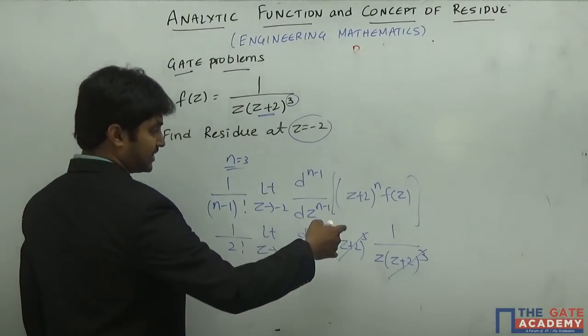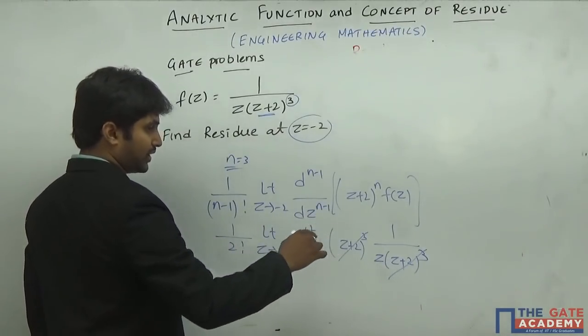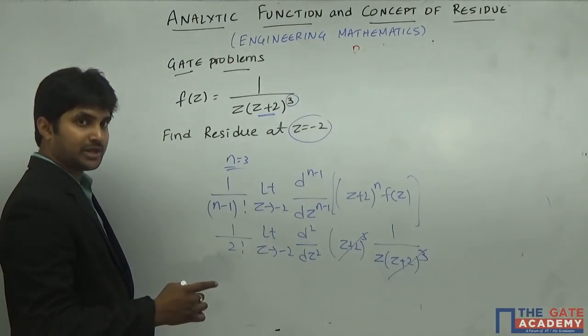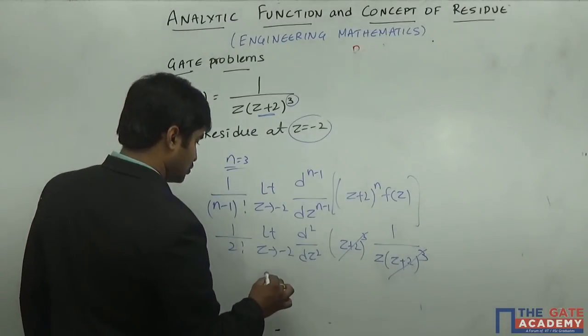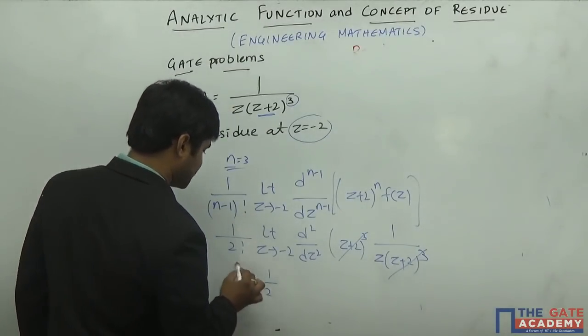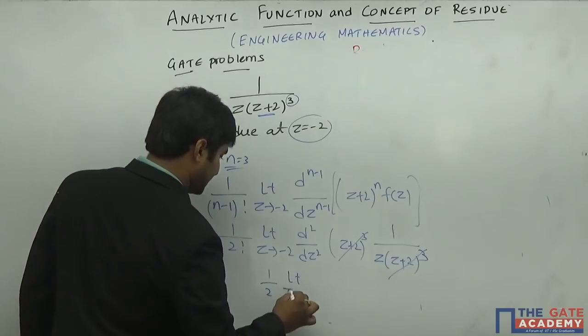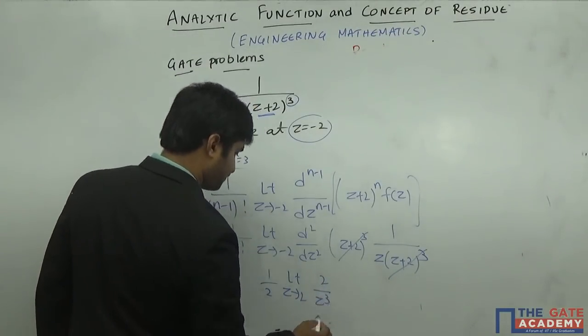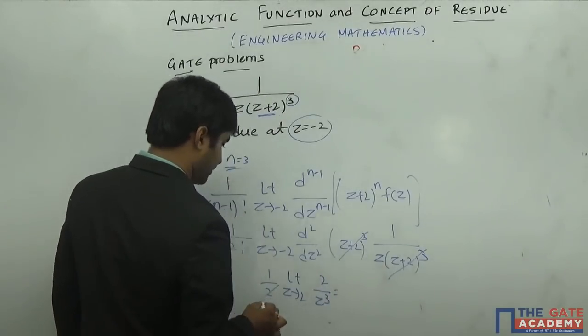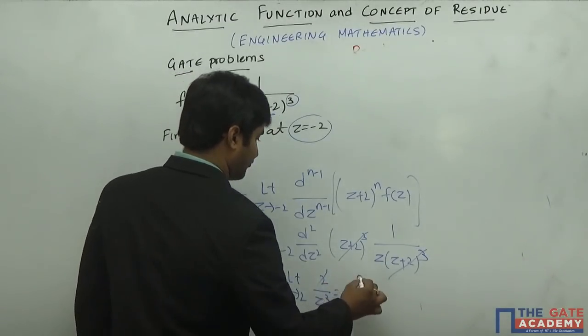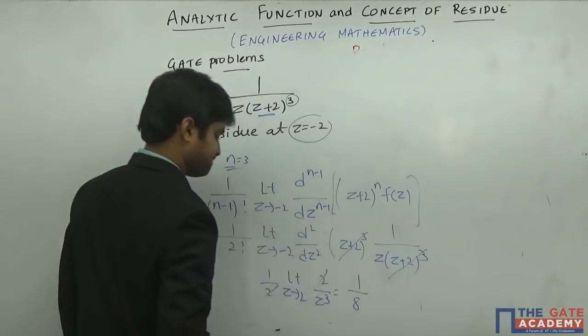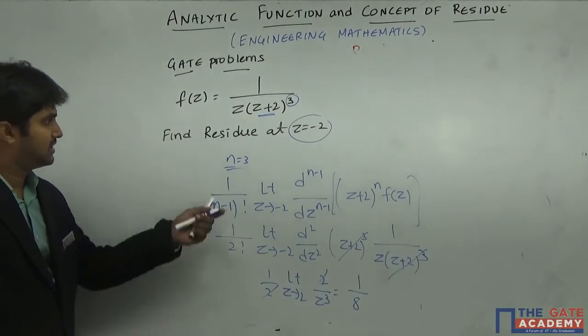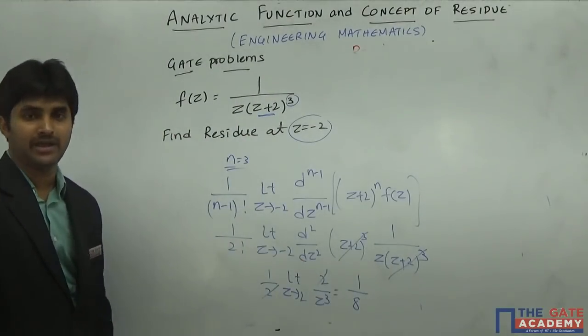The first derivative is going to be minus 1 by z square. The second derivative is going to be 2 divided by z cube. So 1 by 2 factorial, limit z tends to minus 2, 2 by z cube, which is equal to 1 by 2, and 2 will get cancelled. We will have the value equal to minus 1 by 8. So the residue is equal to minus 1 by 8.